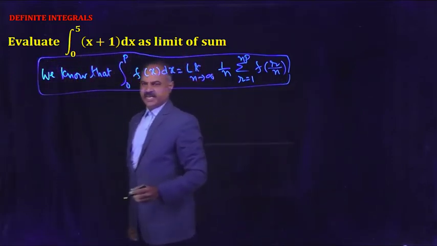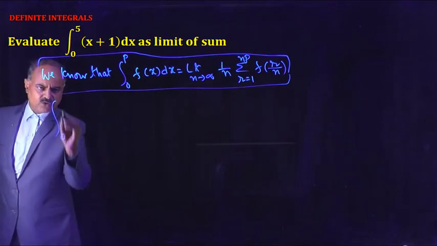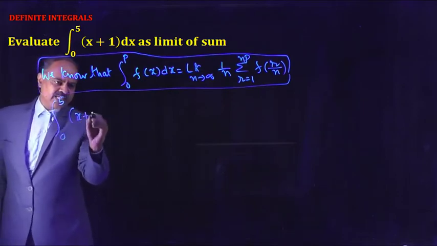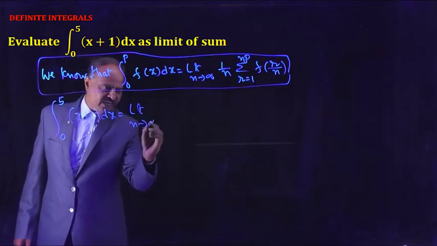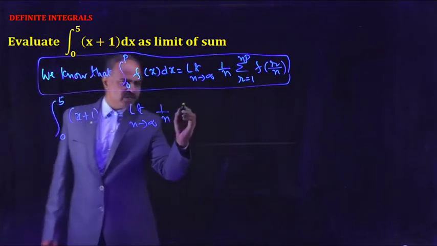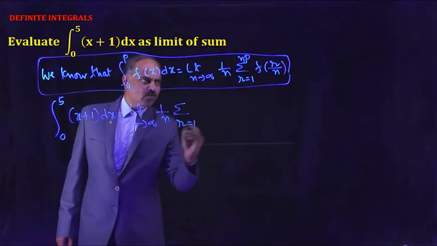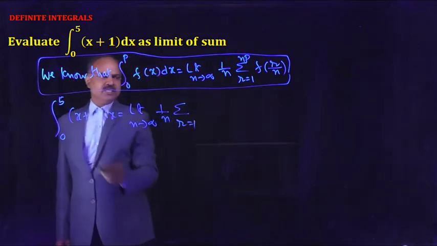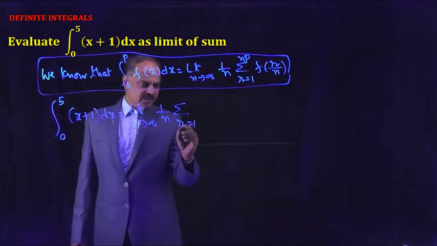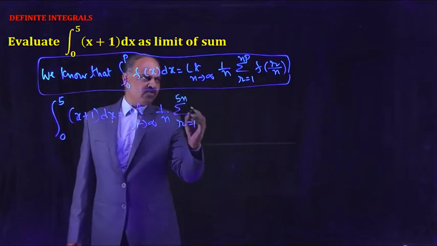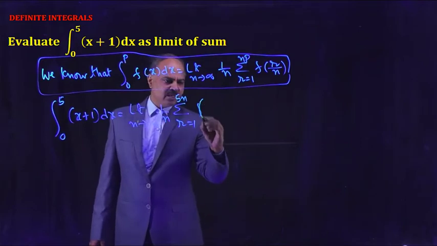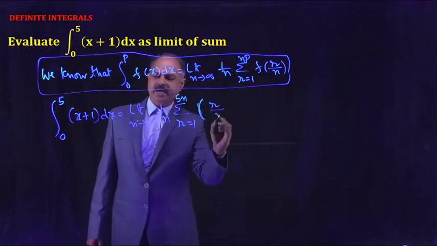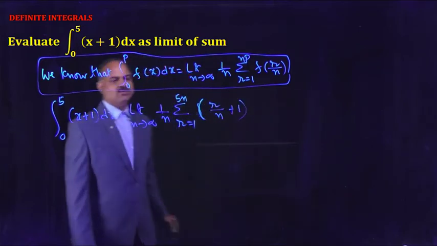Here given integral 0 to 5 x plus 1 dx. Now this can be written as limit n tends to infinity 1 by n into sigma r is equals to 1 to np, here p is equals to 5. So here sigma r equal to 1 to 5n f of r by n means here r by n plus 1.